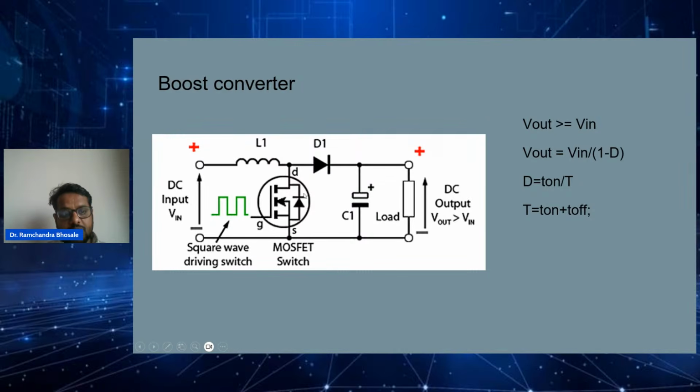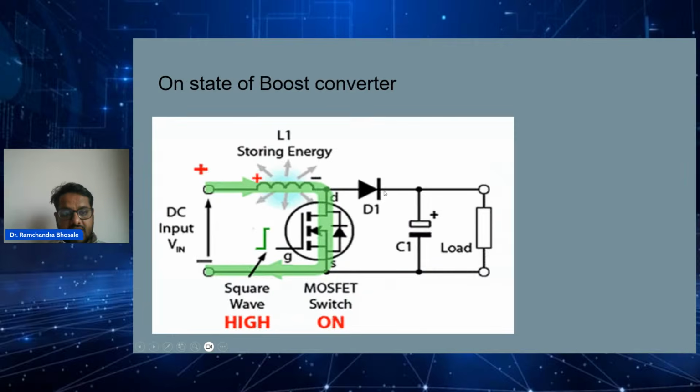And when you turn off the MOSFET, the inductor and supply both charge the capacitor. So when you turn on the MOSFET, the inductor gets charged, and by that time, if you assume that C1 was already charged in the previous cycle, it will feed the load.